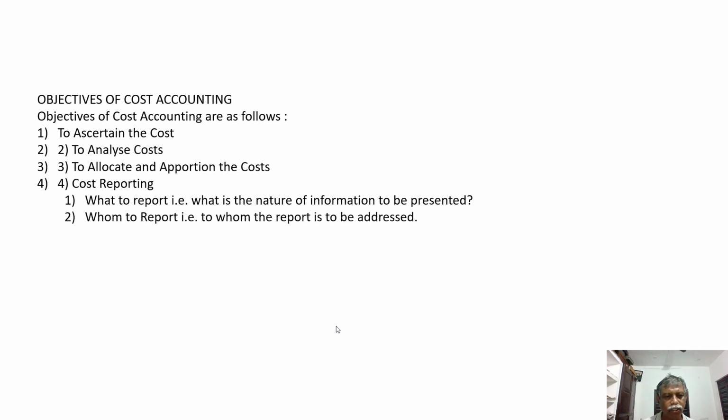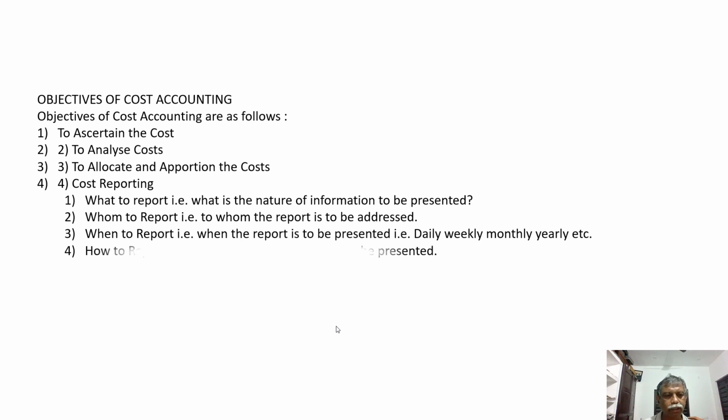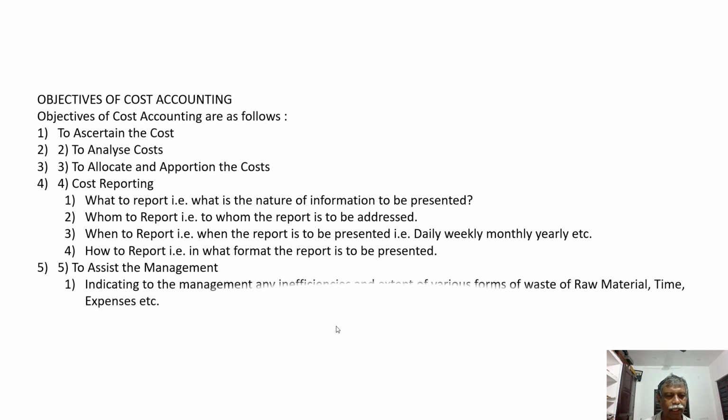So what is to report, whom to report, when to report, okay, how to report, to assist the management. Clear? Indicating the management any inefficiencies and extent of various forms of waste of raw material. So you are informing management about inefficiencies, extent of waste of raw material, waste of time, waste of expenses.